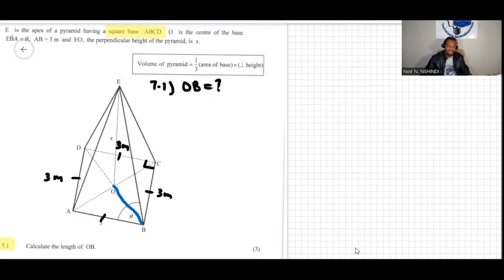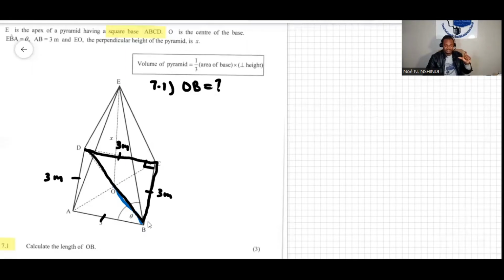Now I can consider the right angle triangle here. We can notice that the side here is 3 units, and that's 3 units. Why am I using that? Because I need to find OB. I know that OB will be half of DB.